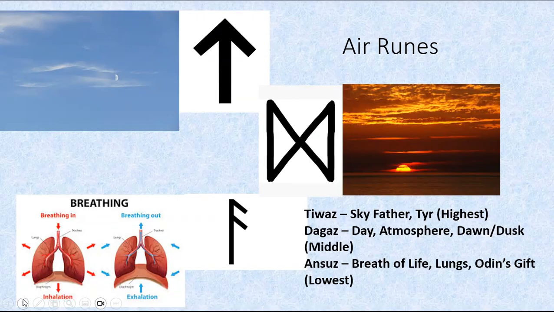Right? And then the middle layer is Dagaz, the 2 triangles facing each other. Dagaz, which means day, is also the rune of the atmosphere. The way that the light is filtered through the sky is the work of Dagaz. It's a rune of liminal spaces, sunrise, sunset. You get that nice dusky dawn, and then the bright blue of the day, and then at sunset you get that big fiery spectacle that is all pink and red and yellow, right?